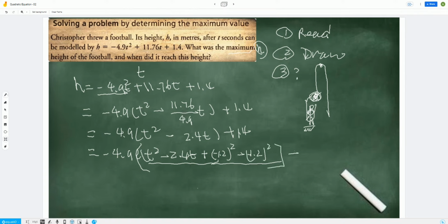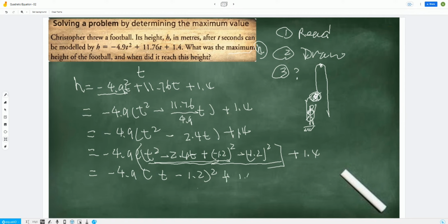And then 1.4 is outside. And continue, negative 4.9. And this is a perfect square, right? So it's t minus 1.2 squared, right? And then minus this 1.2 squared, 1.44, right? So negative, negative should be positive.